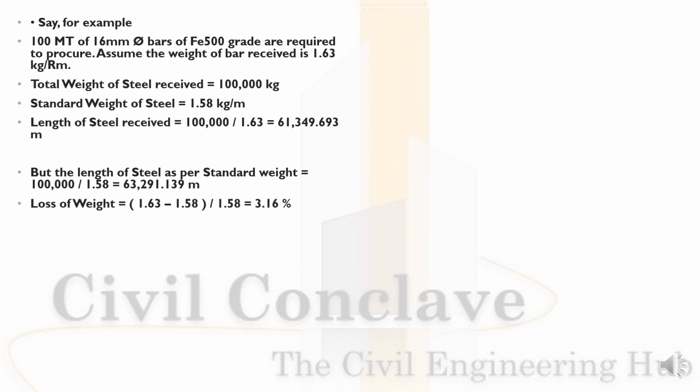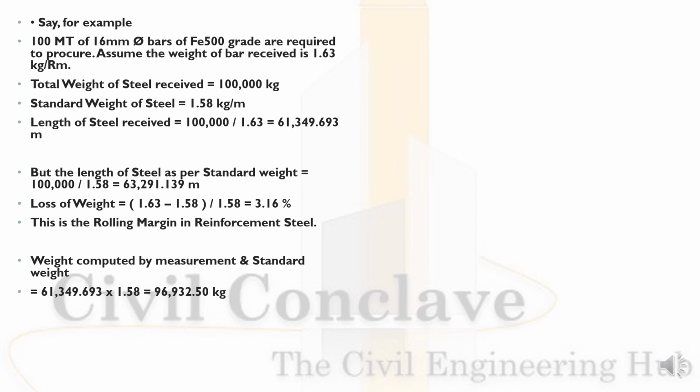So the loss of weight: 1.63 minus 1.58 divided by 1.58 is equal to 3.16%. This is the rolling margin of that particular steel. Weight computed by measurement and standard weight: 61,349 into 1.58 is equal to 96,932 kg.